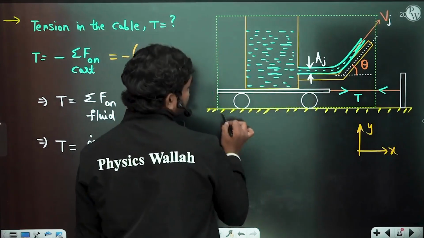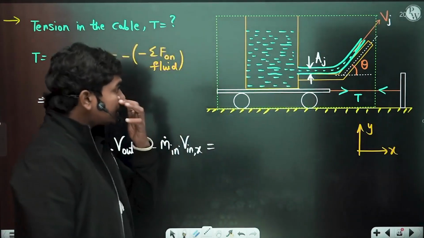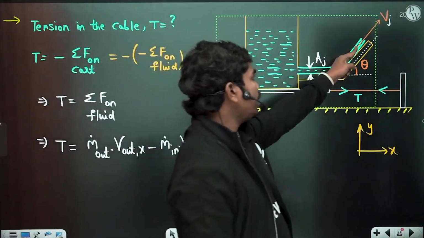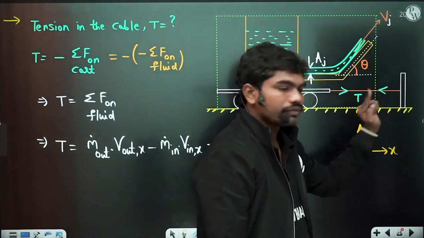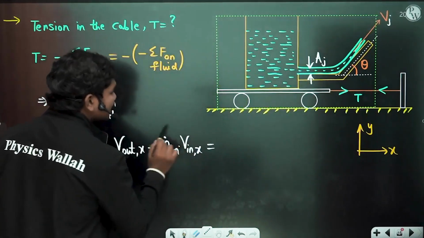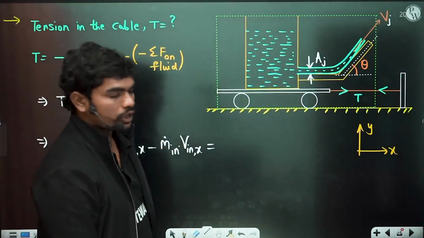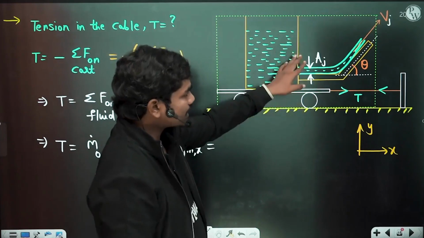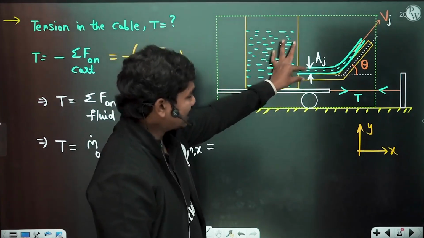There is no friction at the wheels and all. In this case, only fluid is leaving, and the cable is out of this control volume. So can you please tell me what is the value of this V inlet in the x direction? If this is the control volume choice we have taken, practically at the inlet there is no velocity. Okay, this jet is connected to the cart.